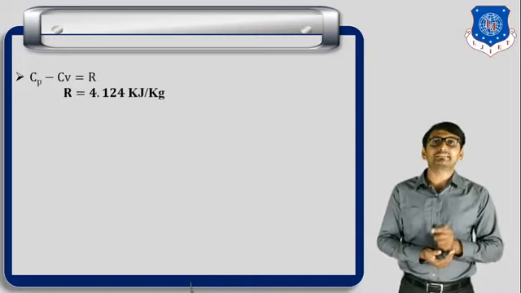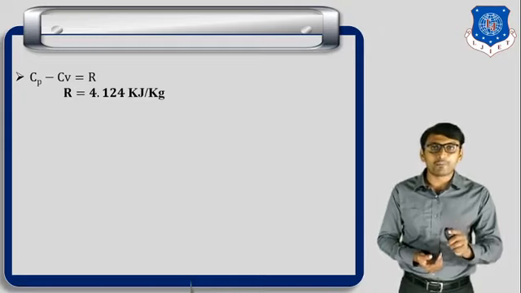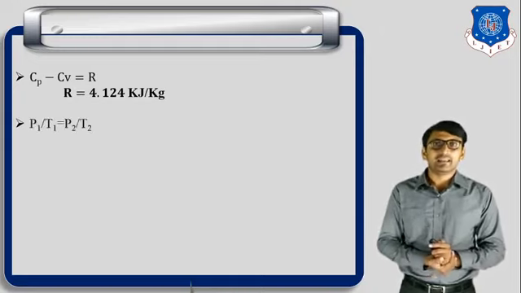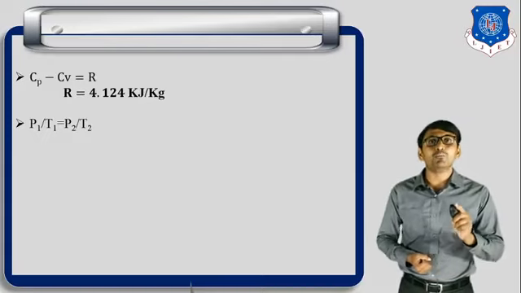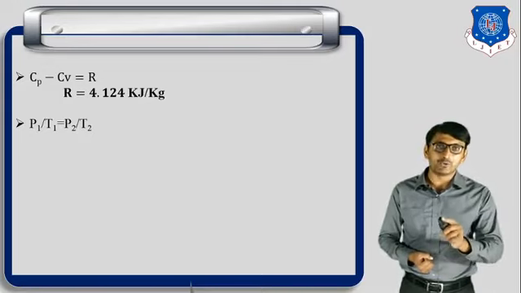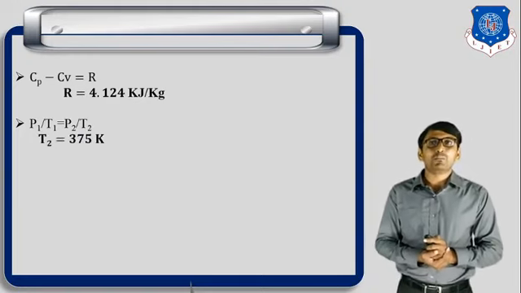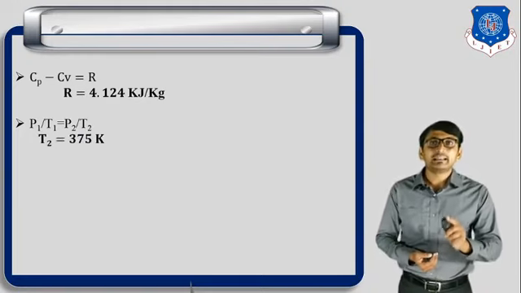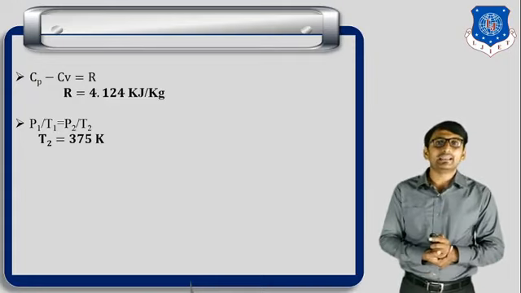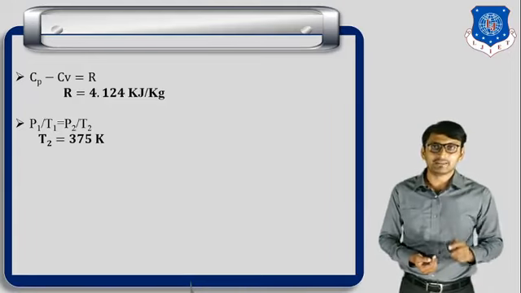Then second step, Cp minus Cv is equal to R. By putting value of Cp and Cv, we get R is equal to 4.124 kilojoule per kg Kelvin. Then for constant volume process, relation P1 by T1 is equal to P2 by T2 because volume cancels. So by putting value of P1, T1 and P2 from given data, we get T2 is equal to 375 Kelvin.